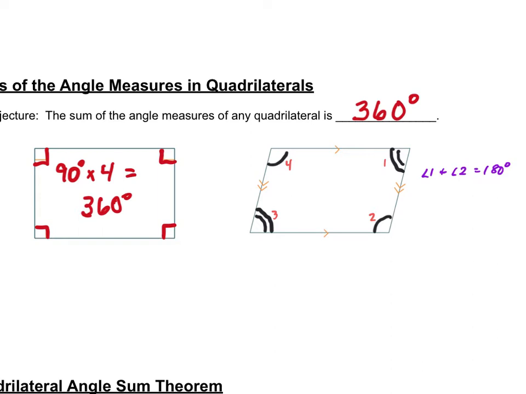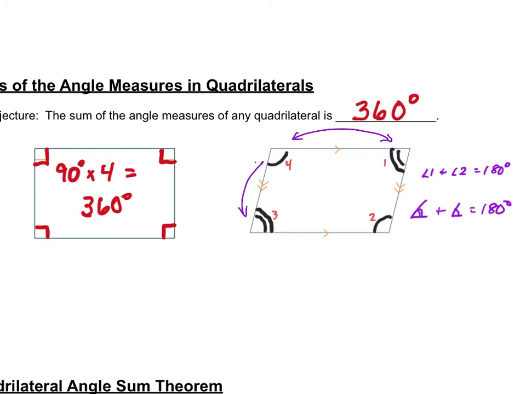And we can work around the parallelogram, and so think about it. Angle 1 is this angle, plus angle 2 is this angle, equals 180 degrees. So we can mix and match these congruent angles to find out that, of course, these 2 angles right here will add up to 180.